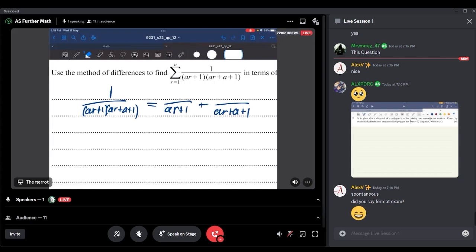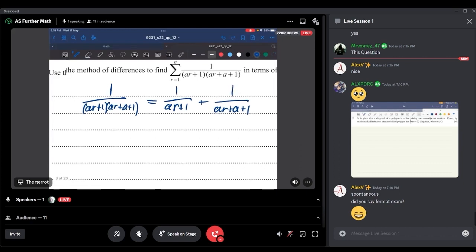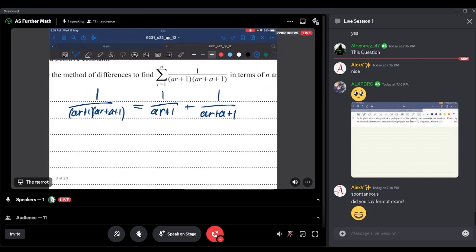We can just do it by inspection. Let's imagine that both are 1 here. Well, if you combine these two fractions on the right-hand side, you get this and this up here, right? But then you will get something like 2Ar plus A plus 1, which you don't like.